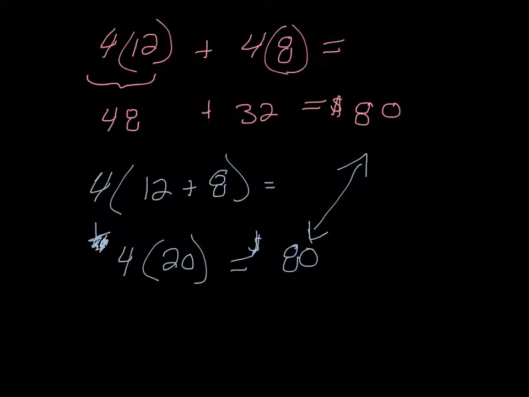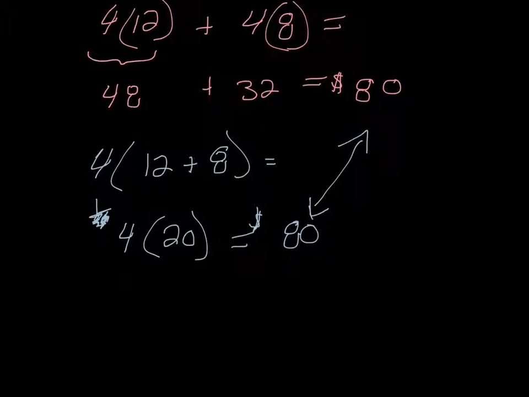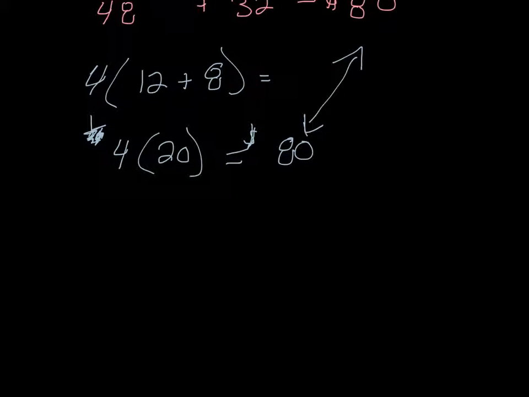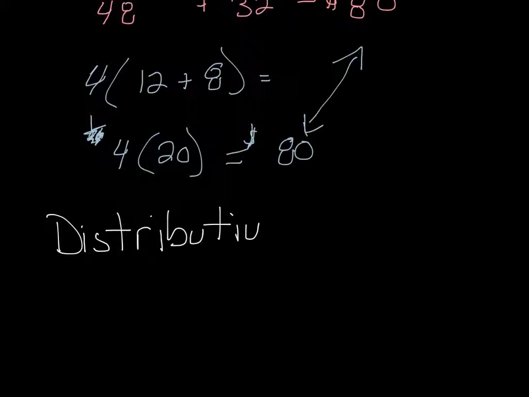So ladies and gentlemen, what you have just done is called the distributive property. The distributive property basically means that you're either going to distribute this number all the way through, or you can keep it right here.